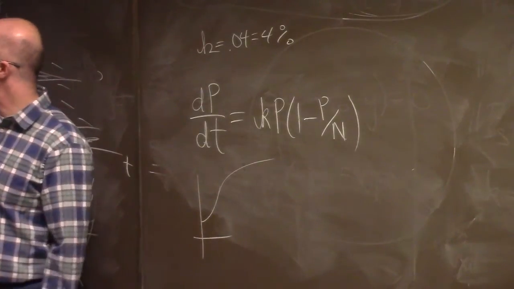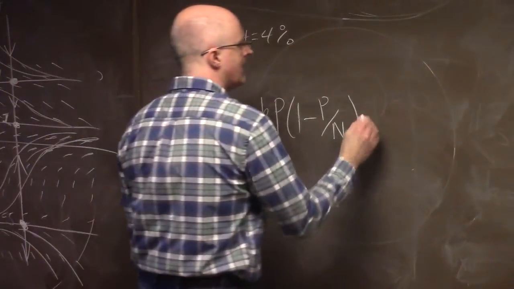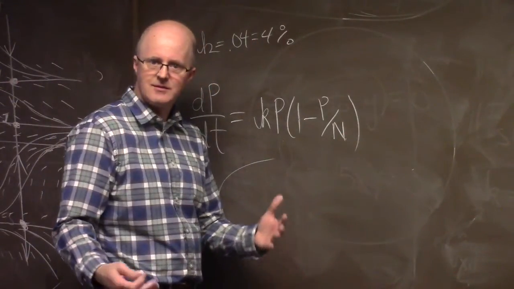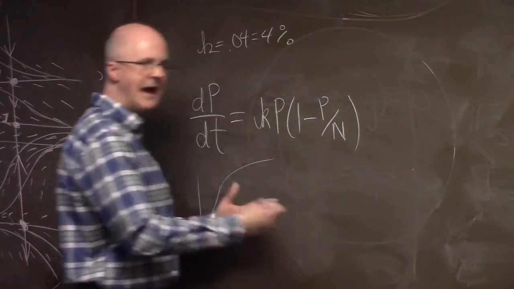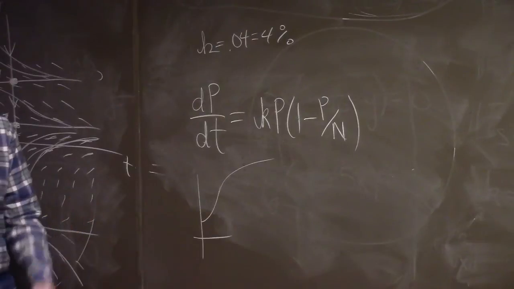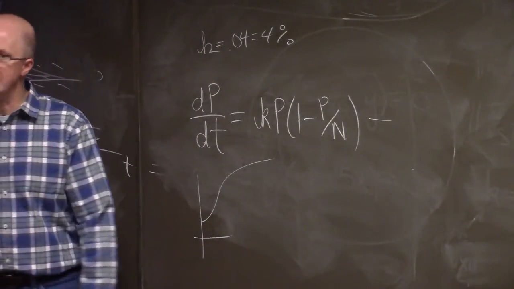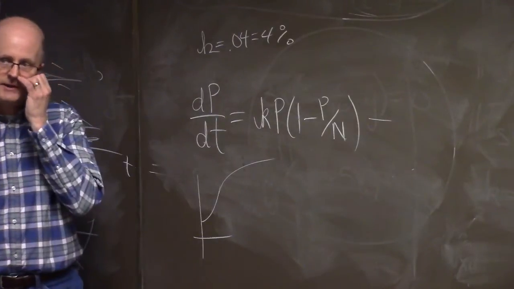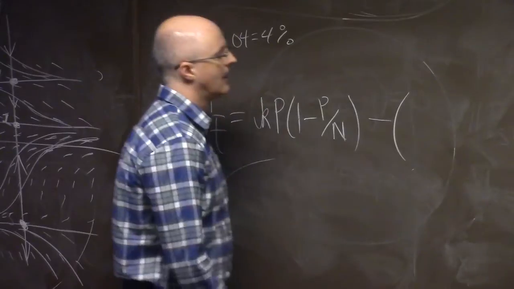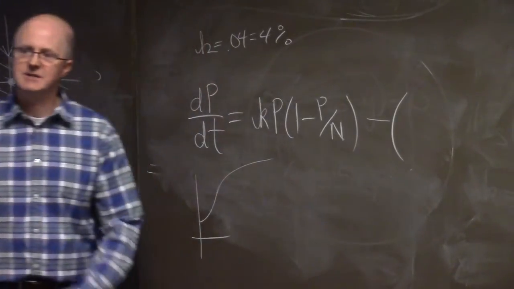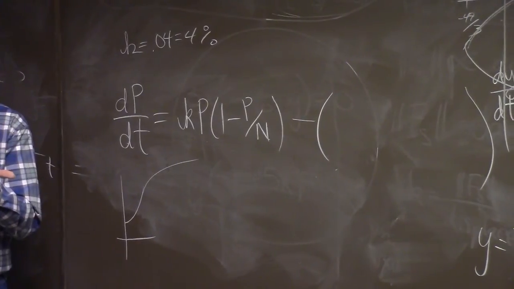How do you deal with harvesting? In fact, periodic harvesting. Harvesting is like fishing, right? You've got a population of fish in a lake, you go out fishing, you allow for the population to be harvested. If it's a periodic thing, you might want to model with a sine or cosine of a certain amplitude, a certain period, and a certain vertical shift to that harvesting.